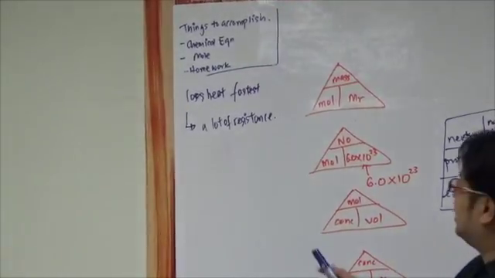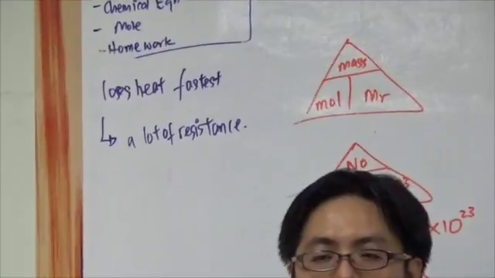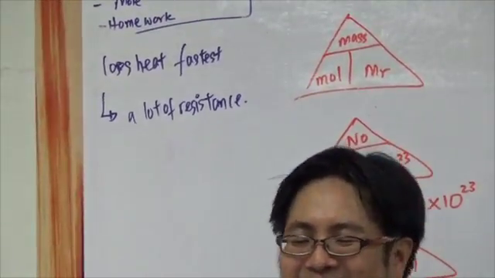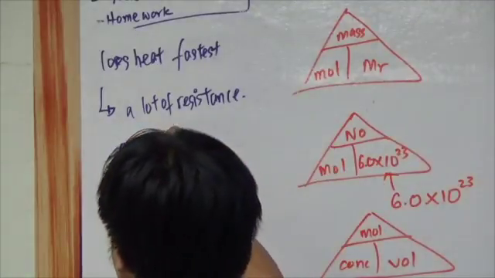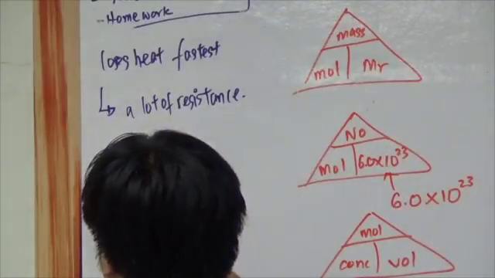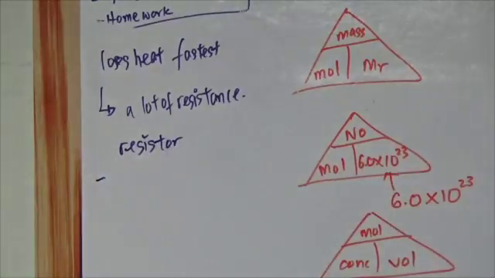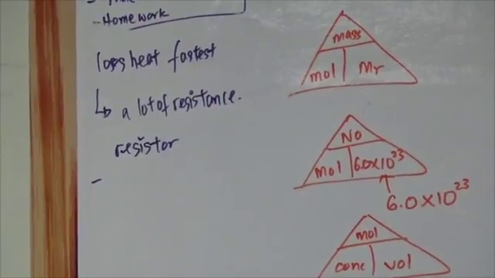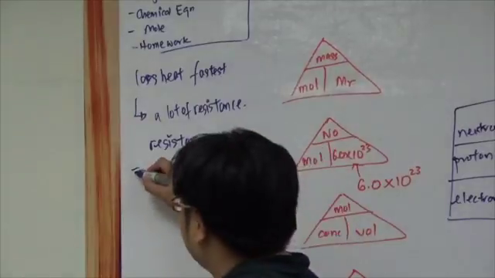So what does a lot of resistance mean? What does a resistor do? What is the energy conversion for a resistor? Correct, it is actually preventing the current from passing through. So when the current has difficulty passing through, what's the energy conversion?